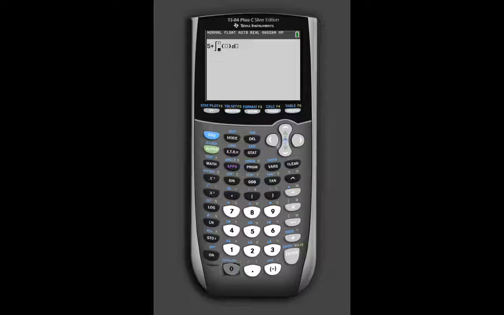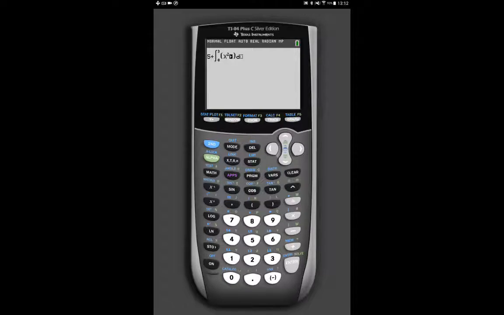So from 0 to 3 of t squared, now I can use alpha t here, but let's use x. X squared plus sine of, wait a minute, hang on. I don't have the questions in front of me, sorry. Let me go back to the questions.